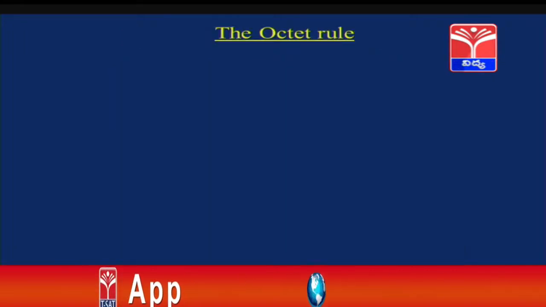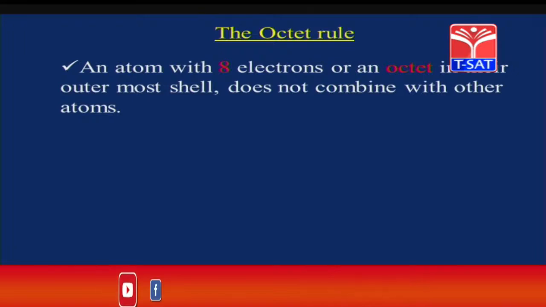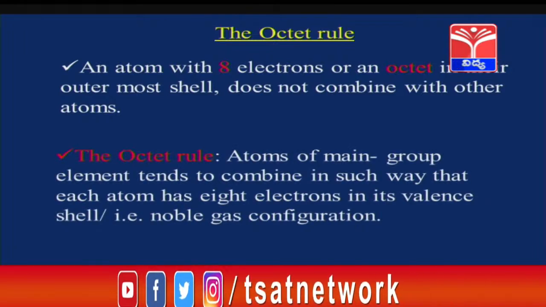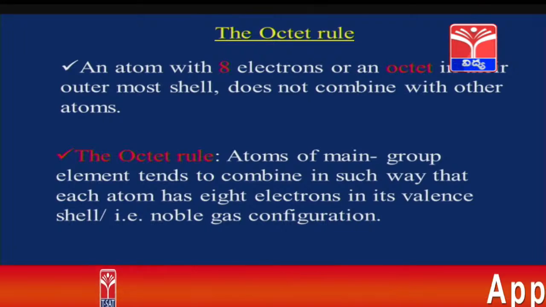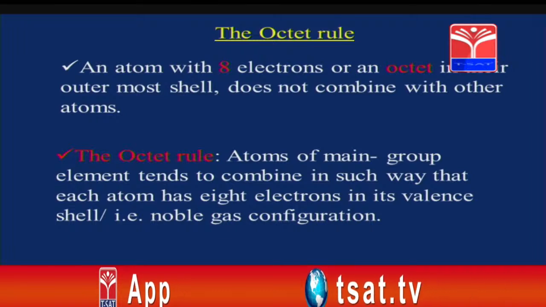The octet rule. An atom with 8 electrons, or an octet, in its outermost shell does not combine with other atoms. The octet rule can be stated as: atoms of main group elements tend to combine in such a way that each atom has 8 electrons in its valence shell, that is, noble gas configuration.